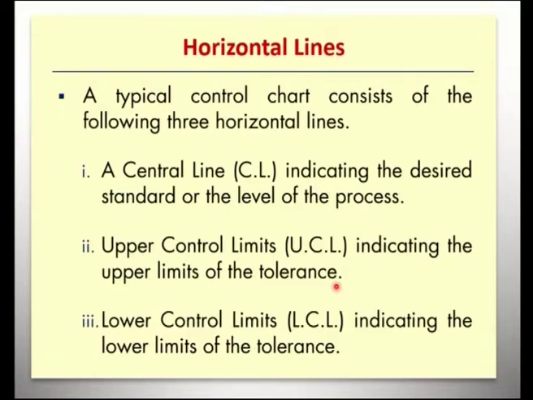Tolerance limit has to be specified before we fix the quality. Lower control limit LCL indicates the lower limit of the tolerance. So, these 3 lines, central line, upper control line and lower control line, are very important when you consider a typical control chart.